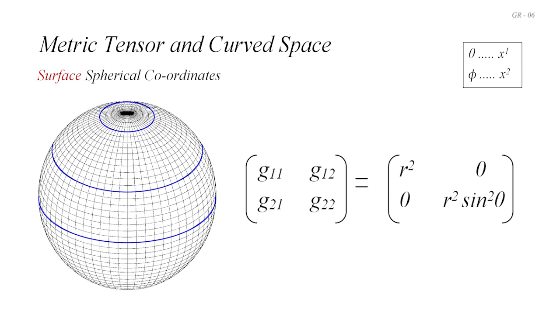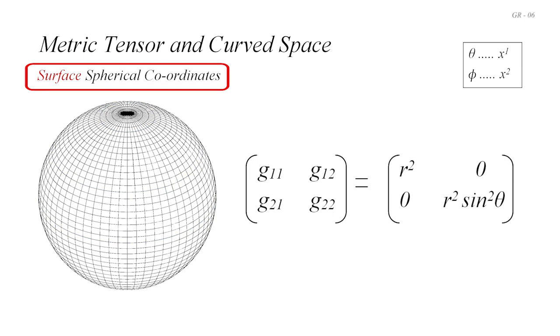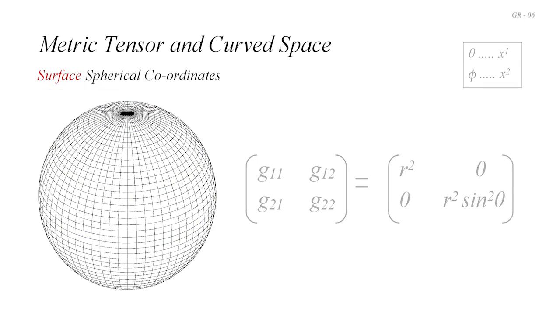Just in case there's any confusion, it's perhaps worth mentioning again that we're talking here about what I am calling surface spherical coordinates to measure the two-dimensional curved surface on a sphere.